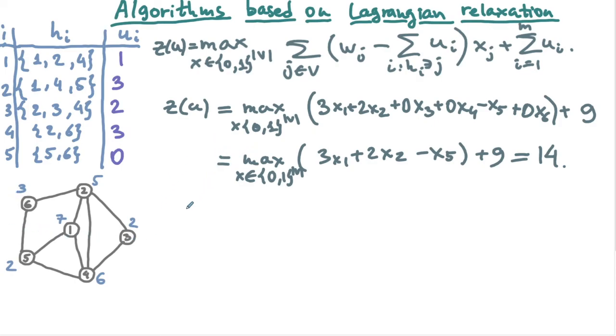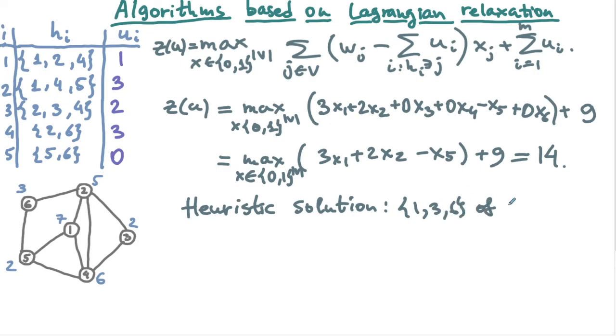So essentially, we have a heuristic solution given by the set 1, 3, 6 of weight 12. So now z of u for any non-negative u gives us an upper bound on the optimal objective of our problem.